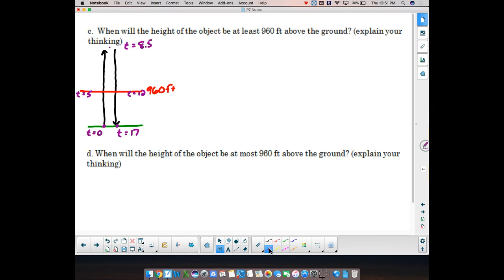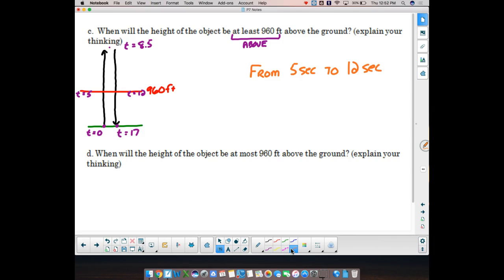Okay? So the two questions are, when will the height of the object be at least 960 feet? So that means we want to be above 960 feet. So that would be from 5 seconds to 12 seconds.